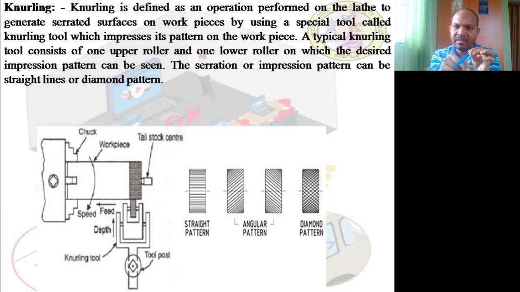It just bends like this. So I will give an opposite support like this, then I will apply the load over here for knurling. This support is given by a tailstock center, the dead center. So this tailstock center will support the workpiece against wobbling.